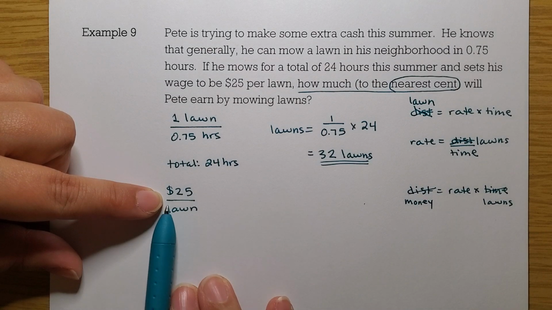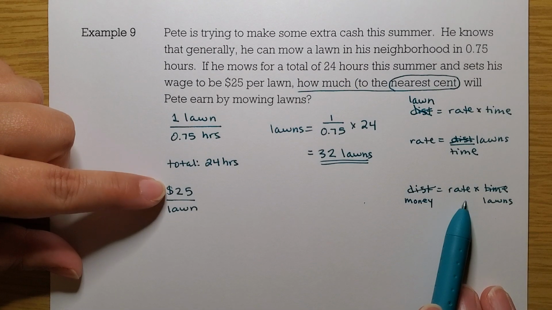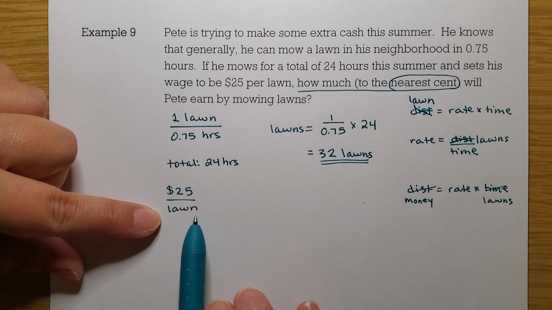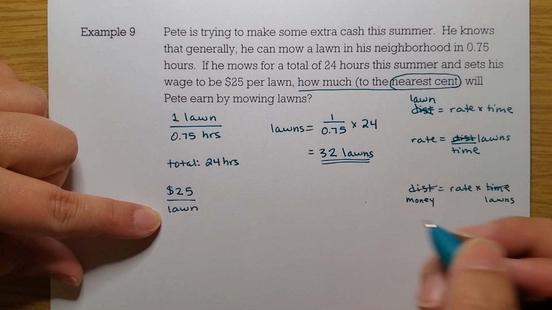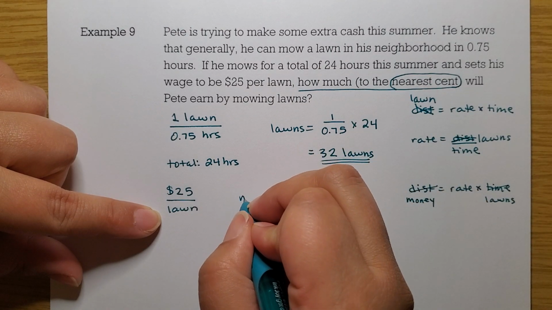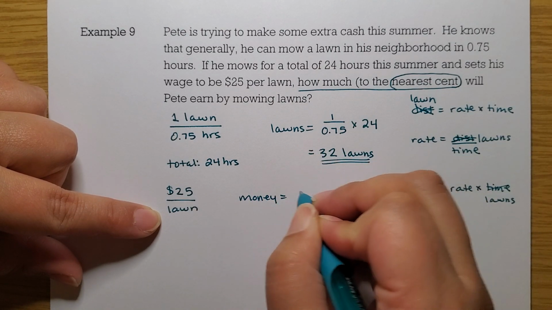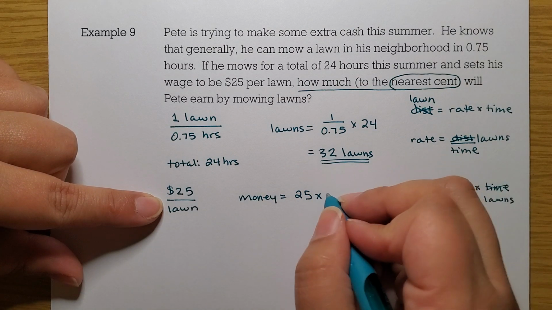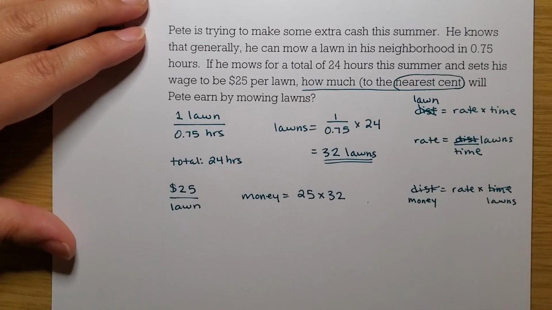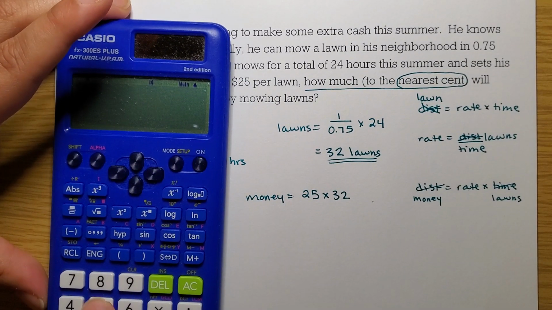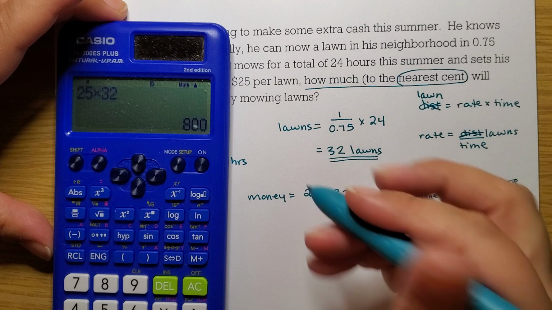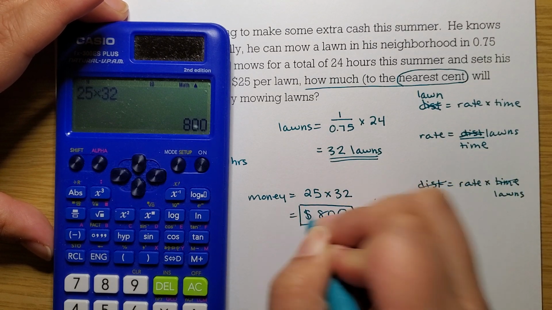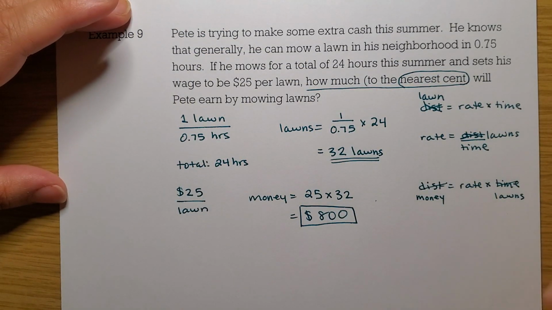The amount of money Pete makes will be the rate at which he earns it times the number of lawns. So the money he makes is $25 per lawn times the 32 lawns. So Pete made $800 this summer.